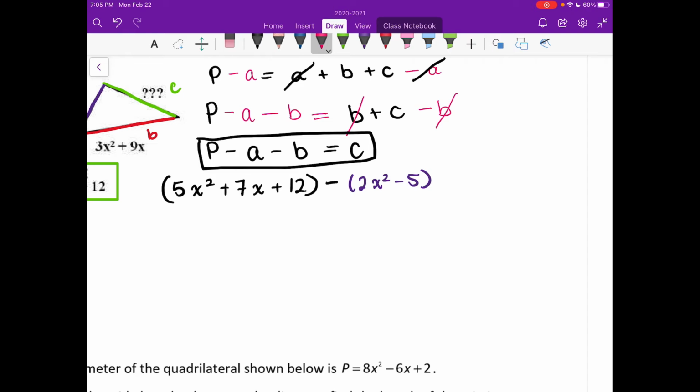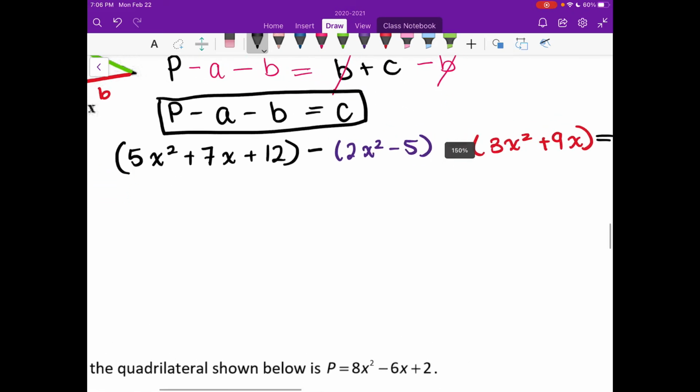Minus B, also in brackets, which was red, is 3x squared plus 9x. All of this gives me C, which is what we're looking for. It's our missing side.